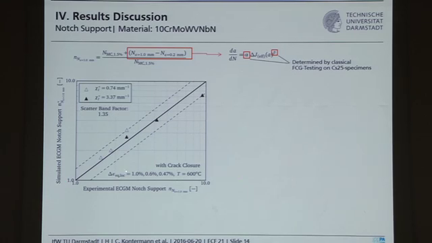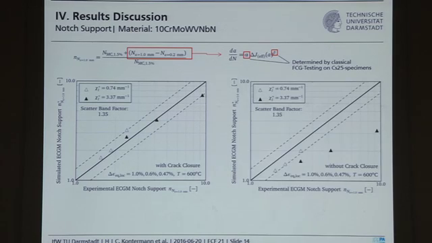You see these experiments as triangles for 2 different geometries and 3 different loadings, same material. Taking into account crack closure, all triangles fall within a scatter band of 1.35, so a very good correlation. If you do not consider crack closure, then you get a much worse result. So crack closure is of major importance if you look at this kind of short crack growth.